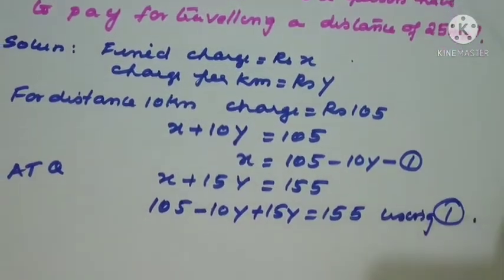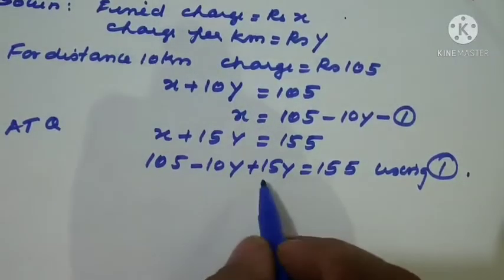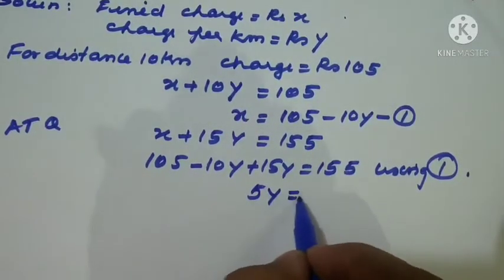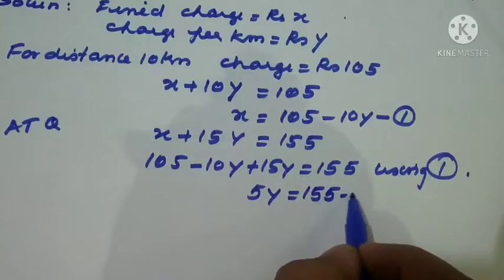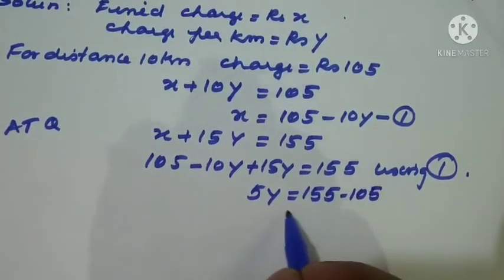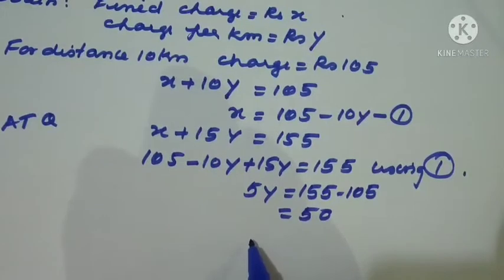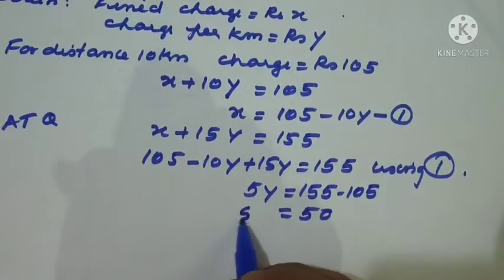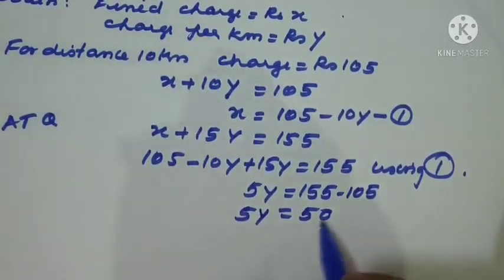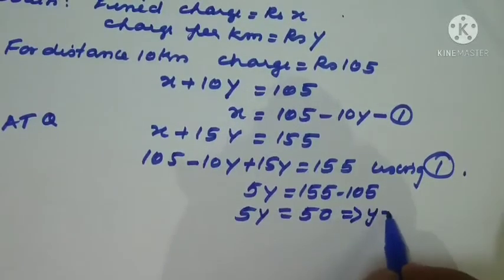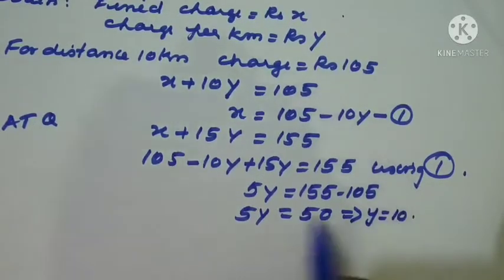So what is the next step? Solve it. I'll take minus 10y plus 15y, it is 5y, equal to 155 minus 105, which is 50. That means 5y equal to 50, which implies y equal to 10. What is our y? Charge per kilometer.